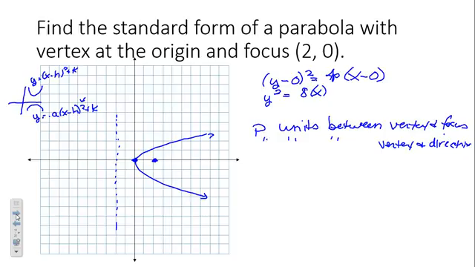The x doesn't have to be in parentheses, nope. Okay, so now that we saw that we were 2 units away from (0, 0) to (2, 0), that means that p is 2. And that means our directrix will be 2 units away and perpendicular to the axis of symmetry.